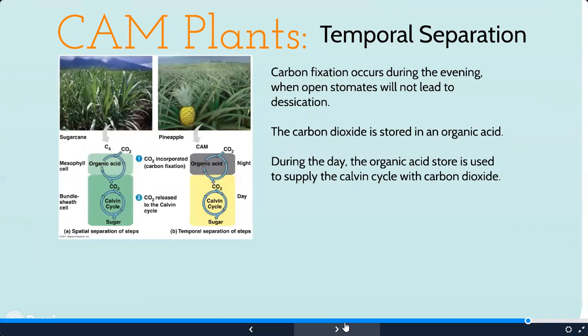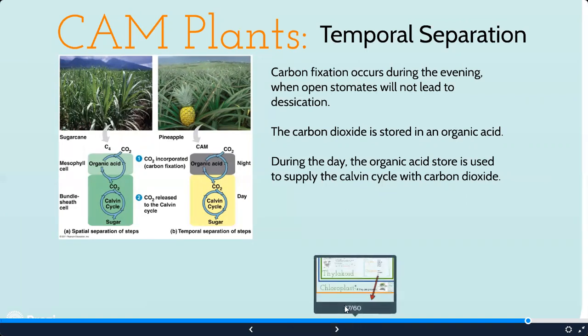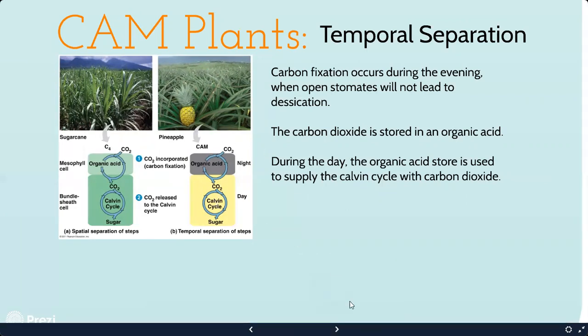So they actually do their Calvin cycle in the evening, so they can keep their stomates open to exchange gases. But because temperatures are lower at night, there's less chance of dehydrating or desiccating. But what that means is they have to convert that carbon dioxide and store it up for use during the day later. And here's an example. So sugarcane and pineapple, these are CAM plants.